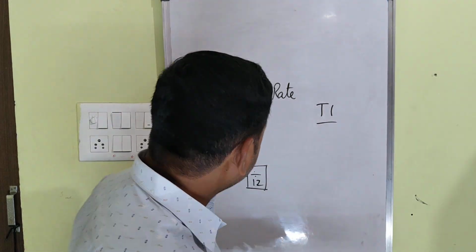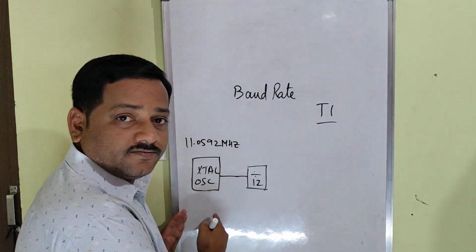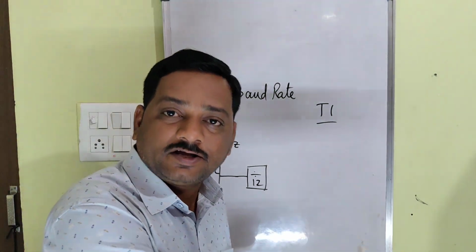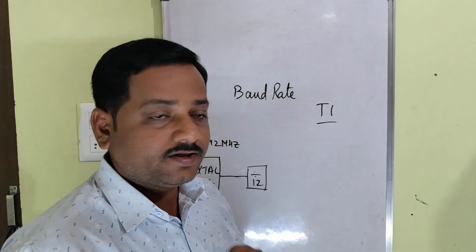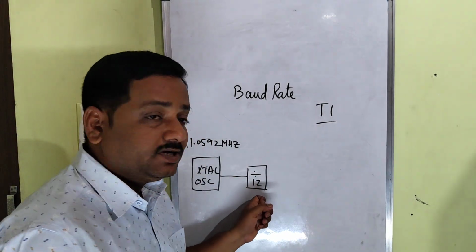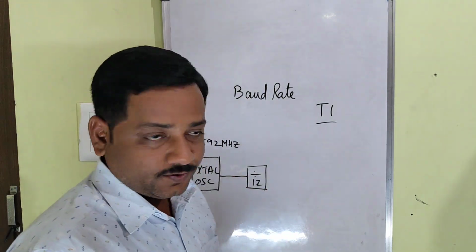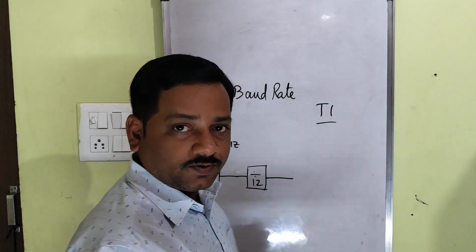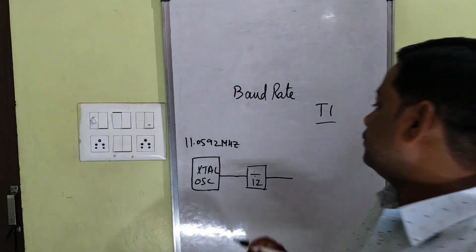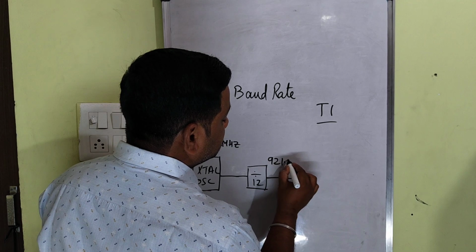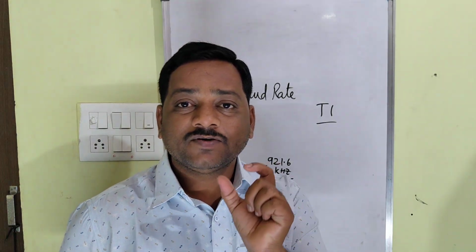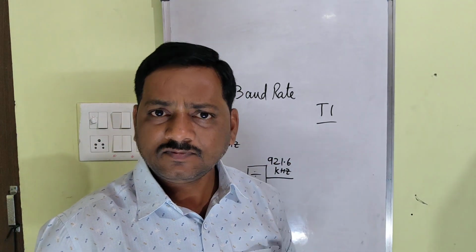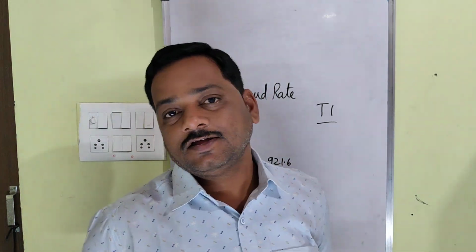The frequency of the machine cycle is found like this. The crystal oscillator used in the 8051 microcontroller operates at 11.0592 megahertz, and this will be divided by 12, which is a default value. Once we divide it by 12, we get 921.6 kilohertz. This is the frequency of one machine cycle. If you want to execute one instruction, we need one machine cycle, and this is the frequency of that machine cycle.